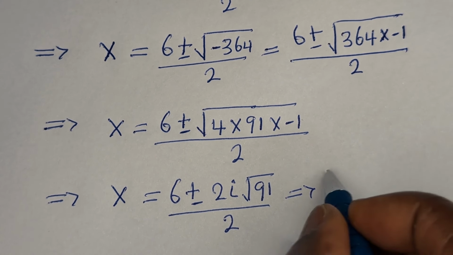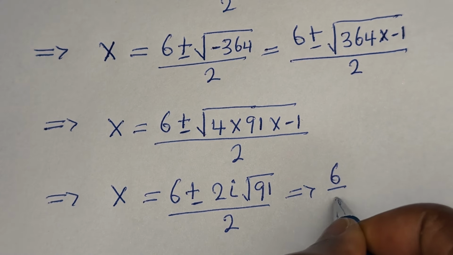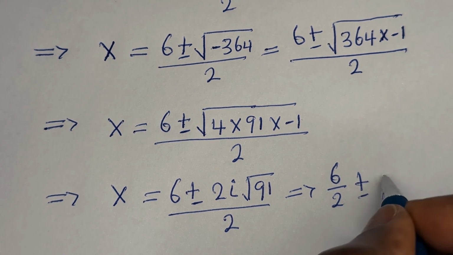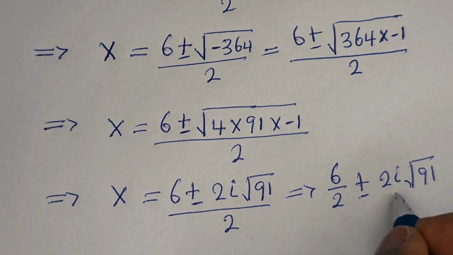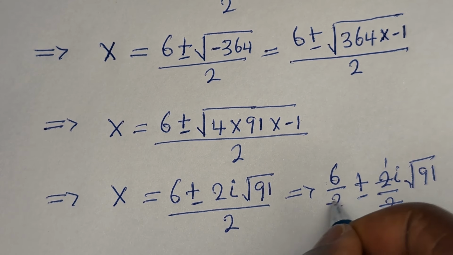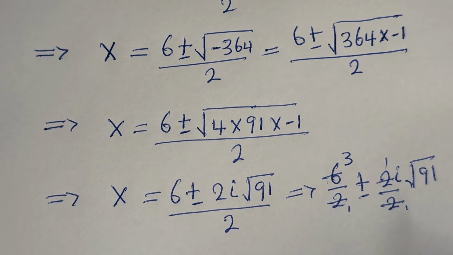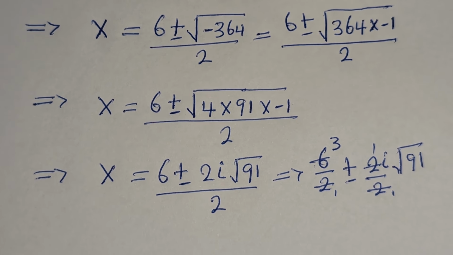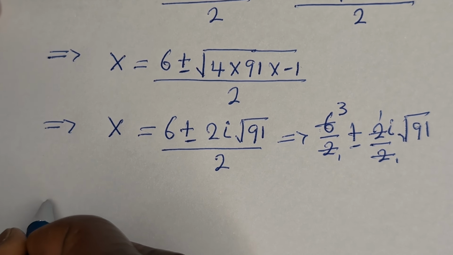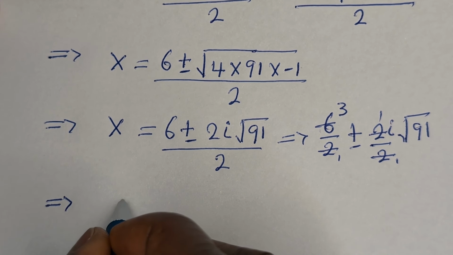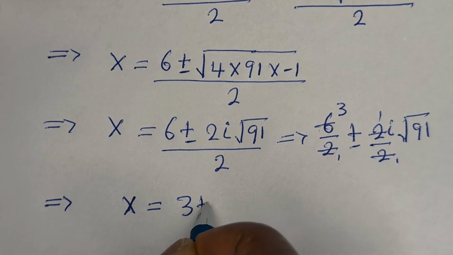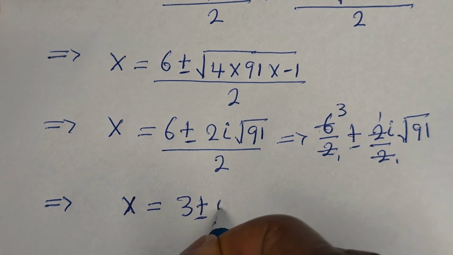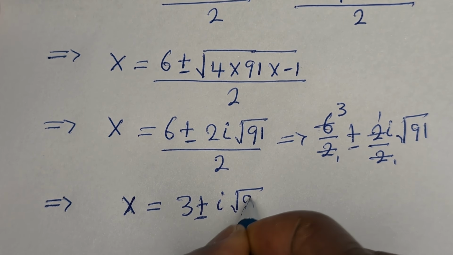And this is 6 over 2 plus or minus 2i square root of 91 over 2. 2 here 1, 2 here 1, 2 here 1, 2 here 3. s is equal to 3 plus or minus i square root of 91.